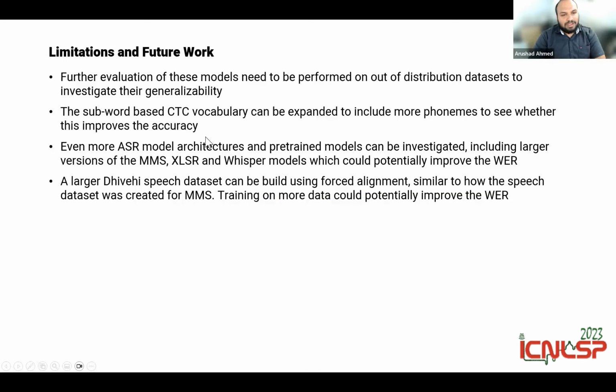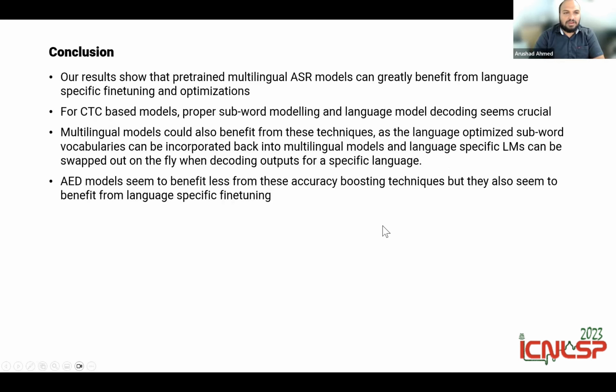We could also investigate even more ASR model architectures and use larger versions of the different pretrained models that we currently used. I think the biggest limitation is the amount of Dhivehi speech data that is available, so we could potentially use forced alignment to generate even larger Dhivehi speech data, which could improve the word error rate.